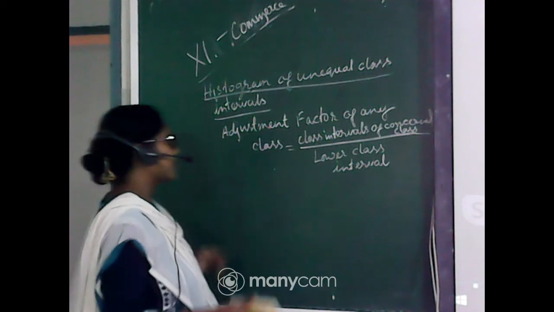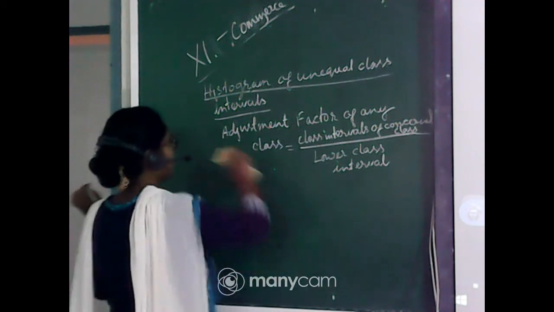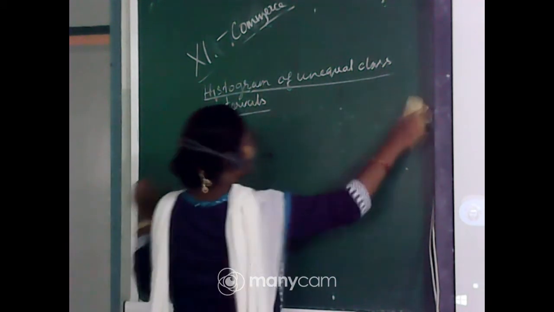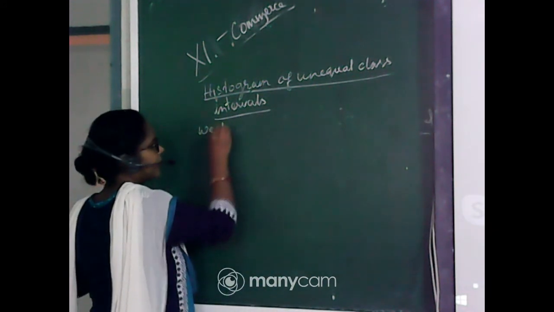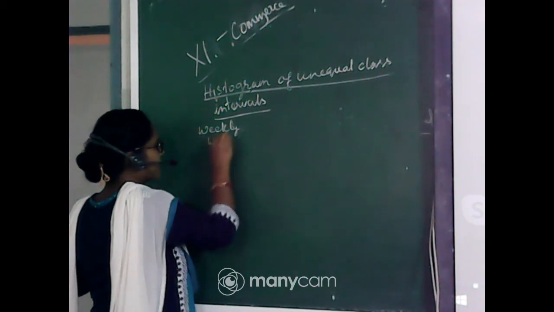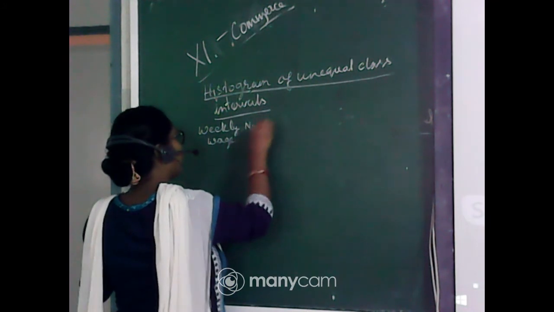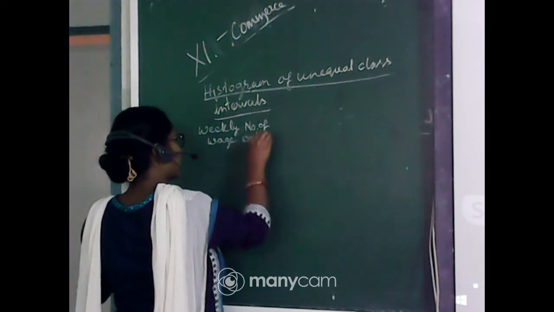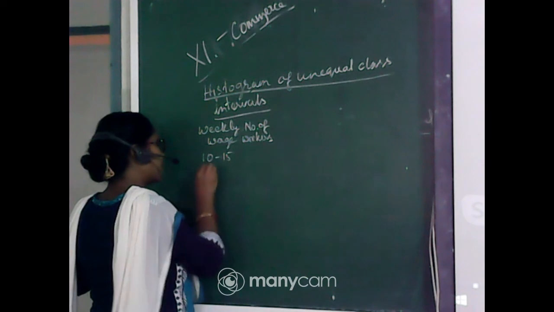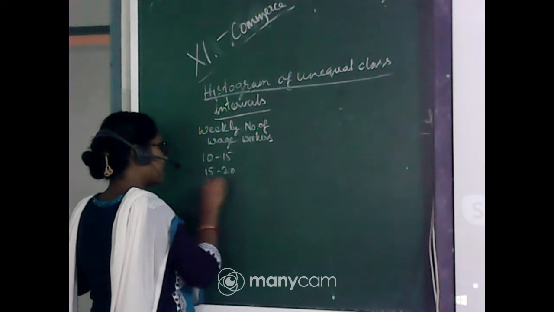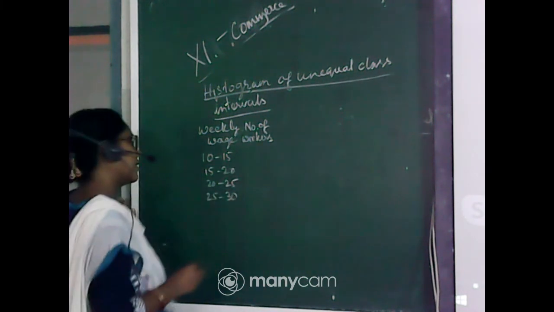Okay, all of you have written that. Now write down weekly wages and next, number of workers. First 10 to 15, 15 to 20, 20 to 25, 25 to 30. See here the interval is 5.